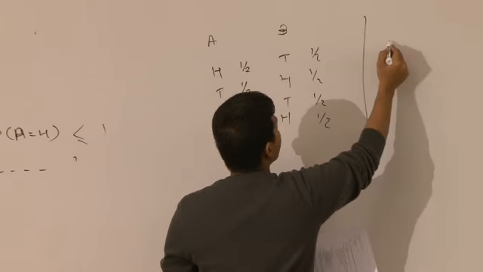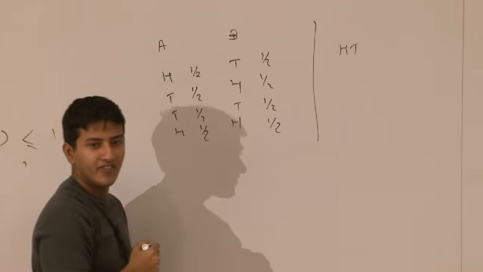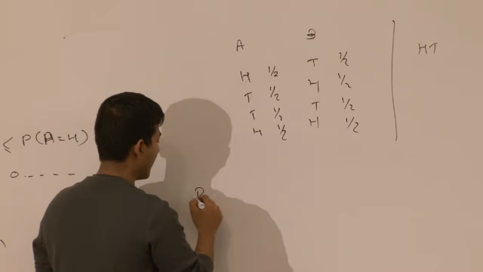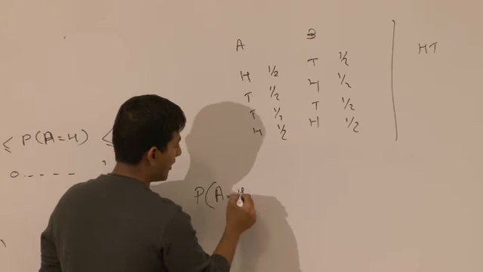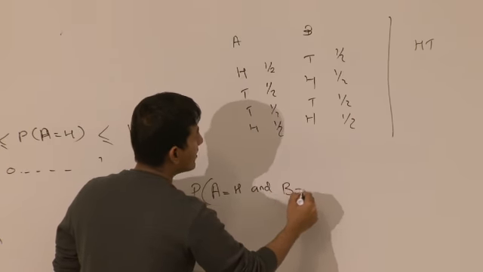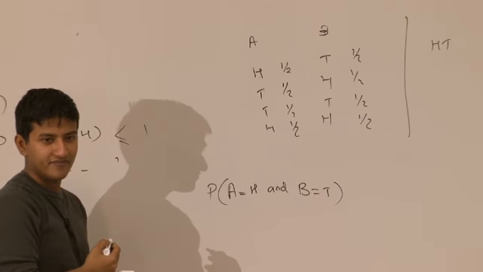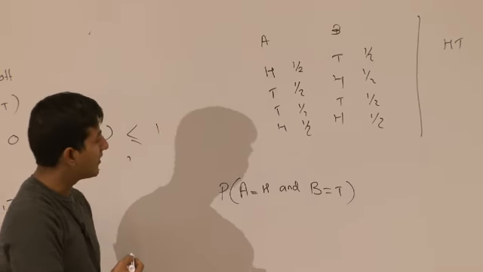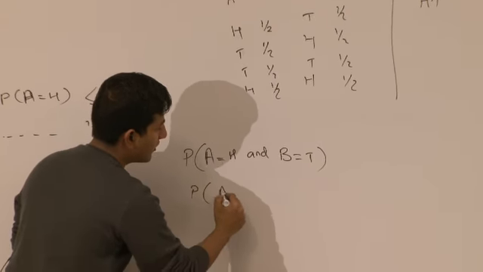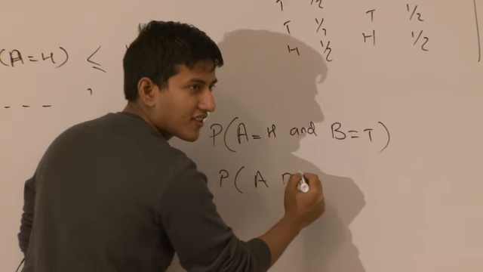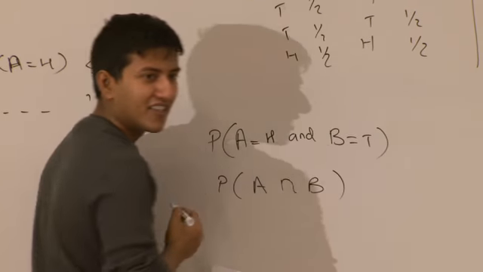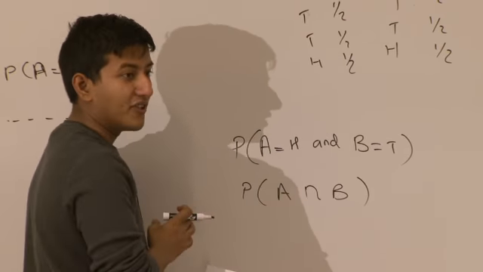What is the probability of HT? Now we are considering a joint event: A is equal to H and B is equal to T. In probability, we represent it by something like this: P of A intersection B. We want both events to happen.